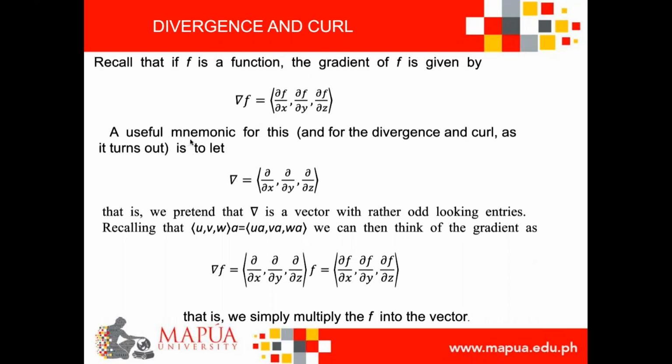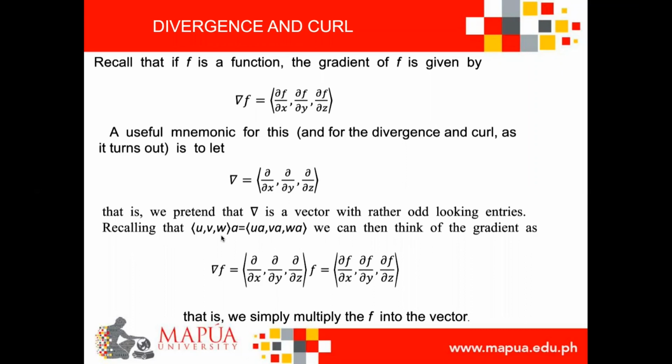A useful mnemonic for this and for the divergence and curl, as it turns out, is to let del equal the partial derivative with respect to x, the partial derivative with respect to y, and the partial derivative with respect to z. That is, we pretend that del is a vector with rather odd-looking entries.